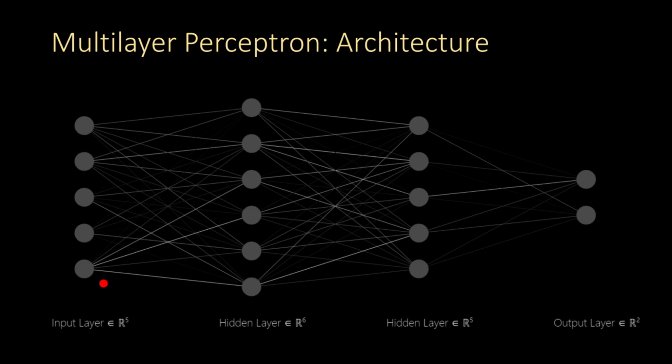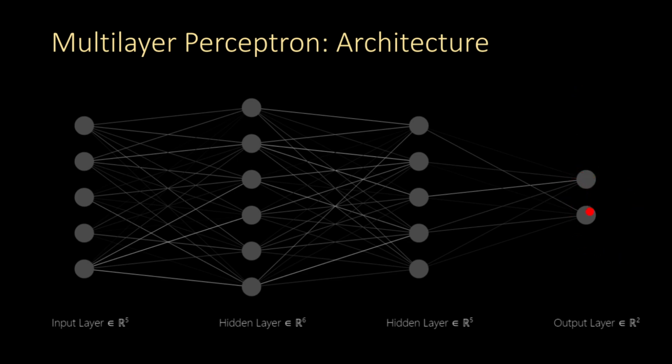In this specific network, for example, you can see the input is 5-dimensional, R5. The hidden layer is 6-dimensional. The second hidden layer is 5-dimensional. And the final layer consists of only 2 dimensions.